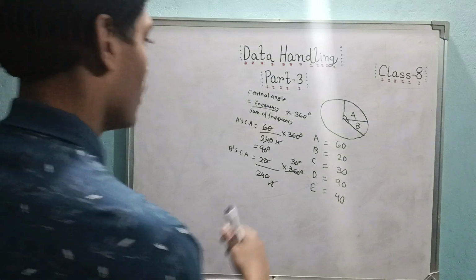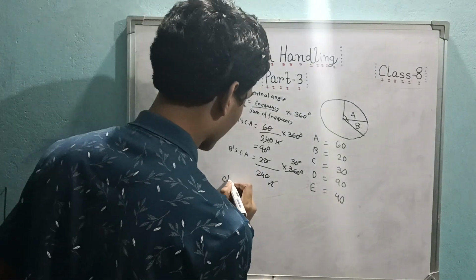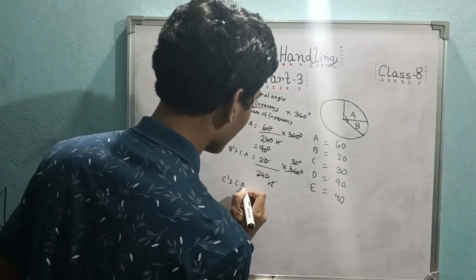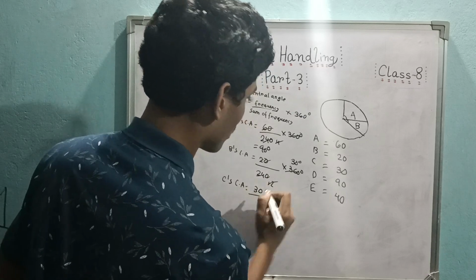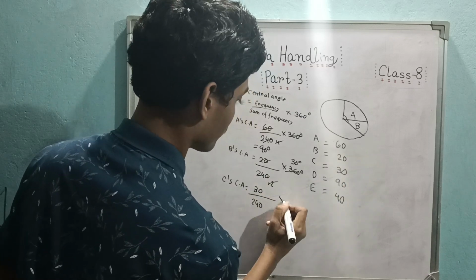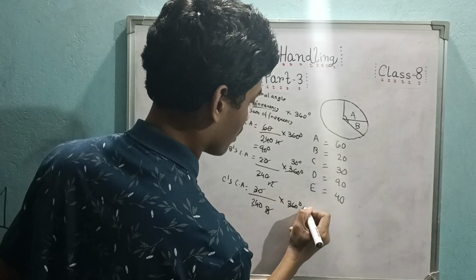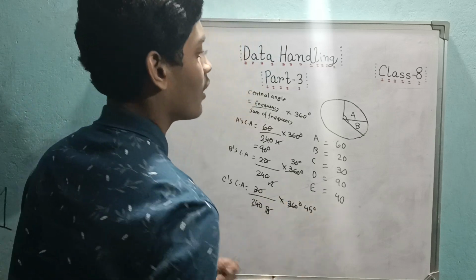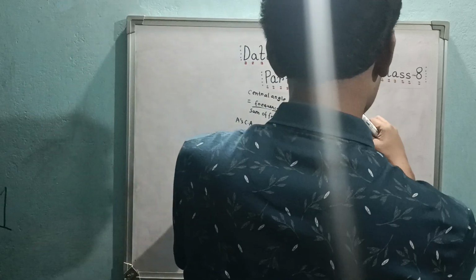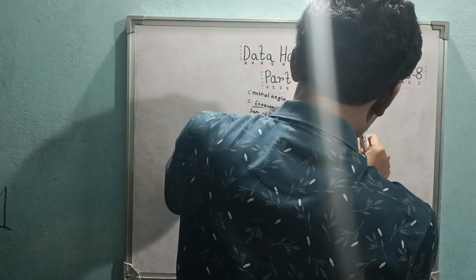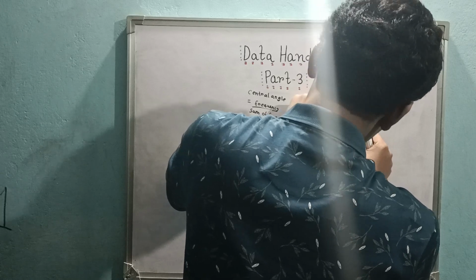Now coming to Mr. C. C's central angle is what? C's frequency is 30, total frequency 240, multiplied by 360 degree. Then it is 45 degree. Okay, then placing this protractor on this line of B, just here like this, press it.